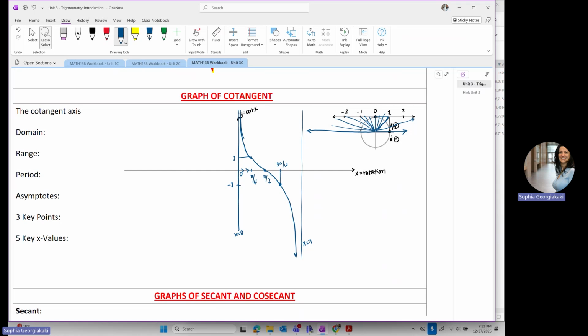And let me see if I can move this a little bit this way. There we go. And my equation, oops. And my equation. Okay. So that's at x equal to pi.